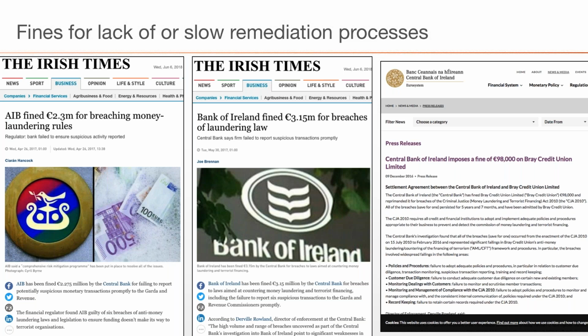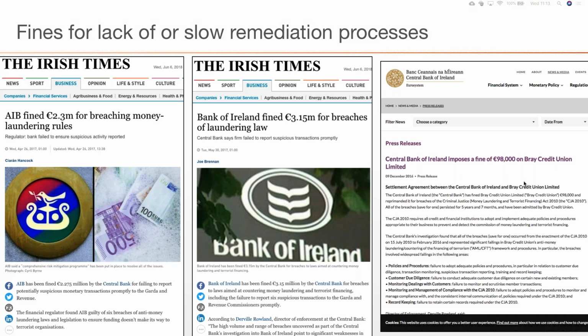But under the Criminal Justice Act and the new anti-money laundering directives, there is an obligation for you to catch up with those pre-1995 members and to start remediating their identities. So a lot of the fines that have been handed down by the central bank over the last number of years, a part of the fine has been in relation to institutions, banks and credit unions not having adequate documentation and verification for all of your customers and members.